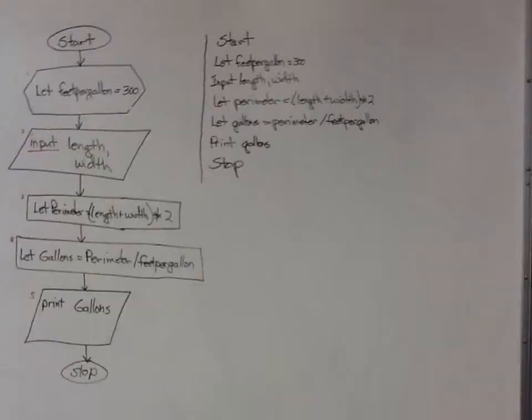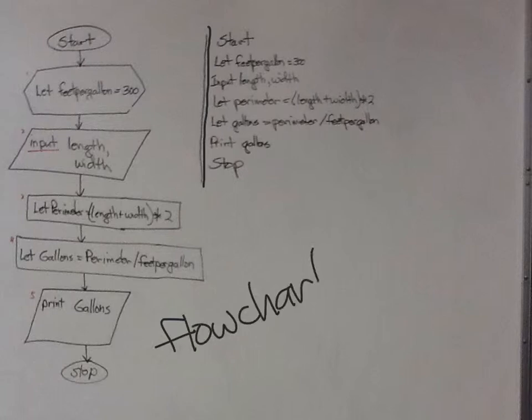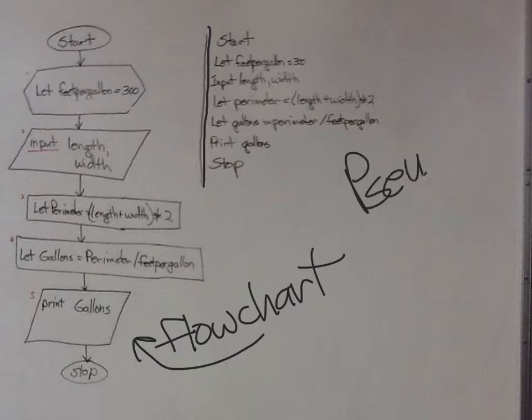So we'll review here, and what we did here is we wrote pseudocode. Here we have a flow chart, a picture representation of the program, and here we have pseudocode, or false code.